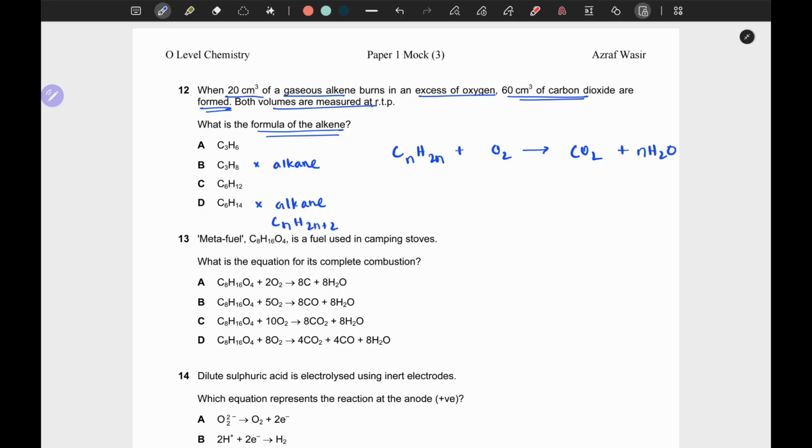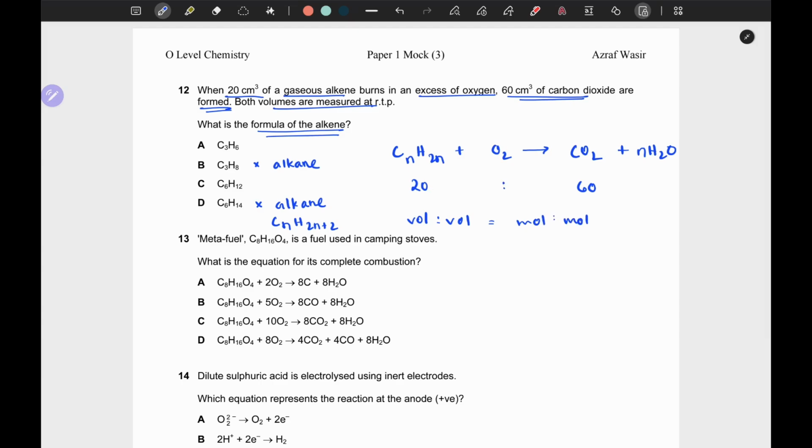But now look at the volumes. The alkene's volume is 20 cm cube, carbon dioxide's volume is 60. So just a while back we learned that the ratio of volumes is equal to the ratio of moles in the balanced equation. So what's the ratio of volumes over here?